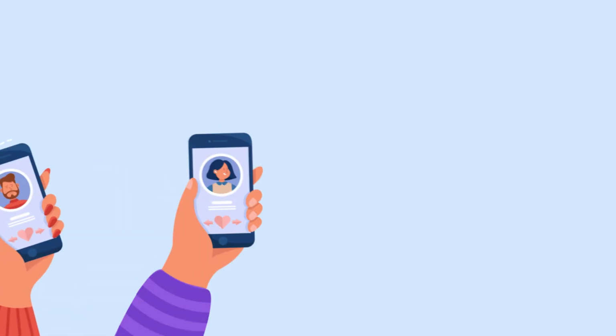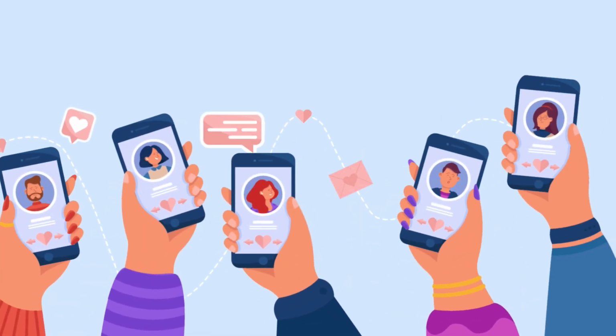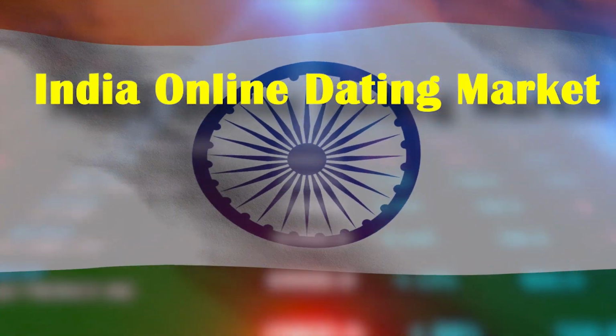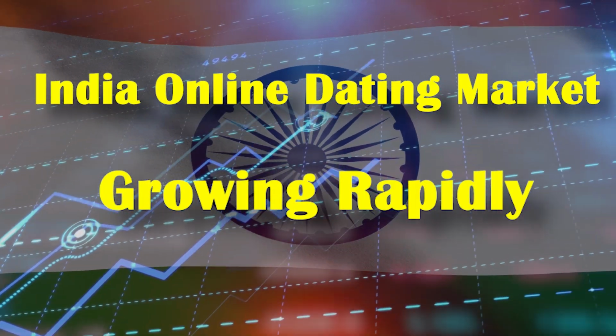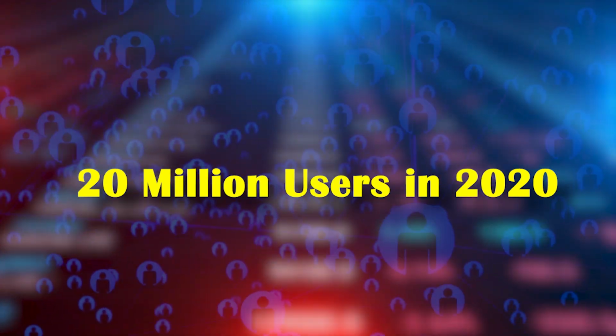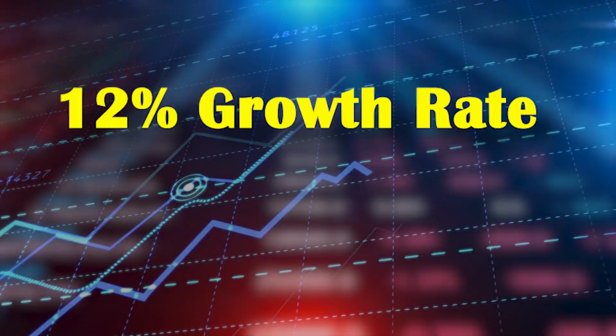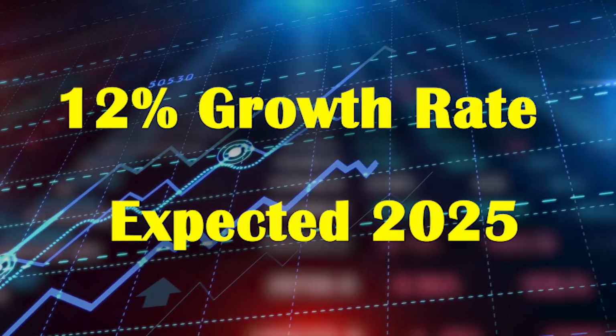So let's get started. My friends, dating applications are getting really popular, and talking about India, India's online dating market is growing rapidly with 20 million users in 2020 and a 12% growth rate expected by 2025. Such a huge amount, and these applications are really growing well.